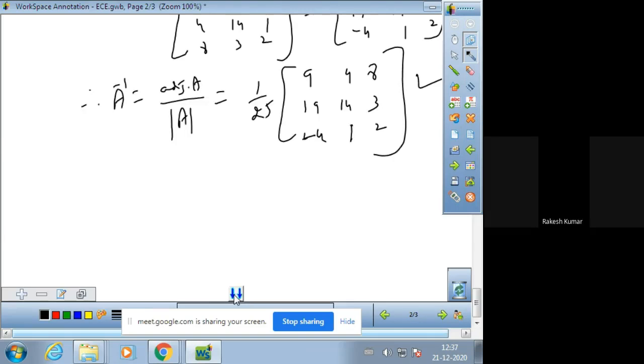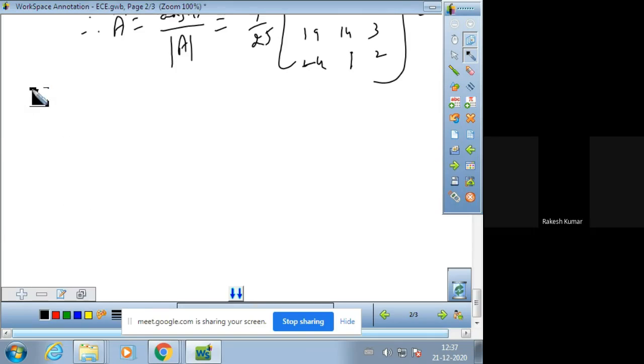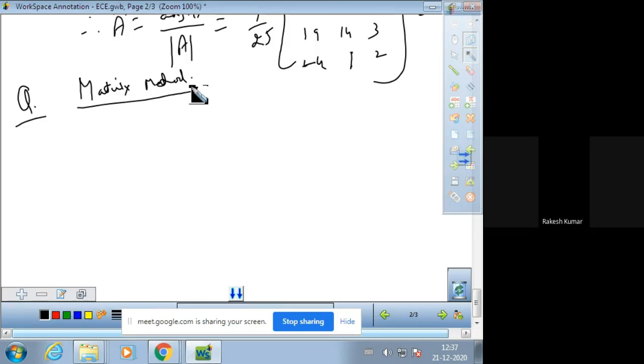Now, earlier we have done Cramer's rule. Now we have the matrix method for solving a system of equations. This is another method which we must know. The system is 2x plus 3y equals 5, 4x plus y equals 5.